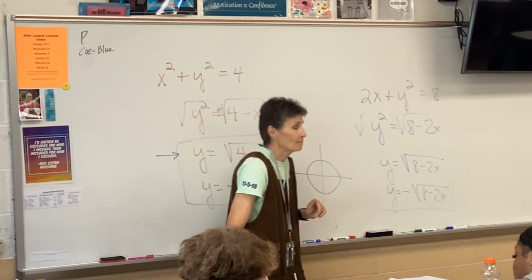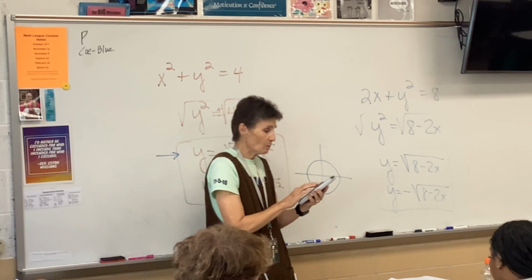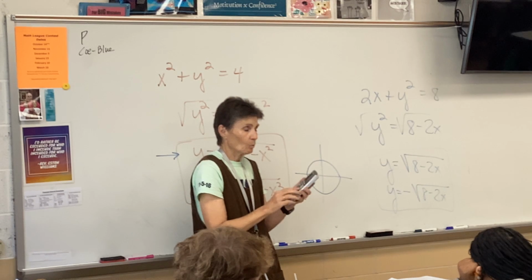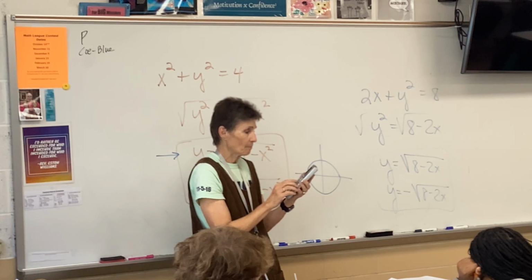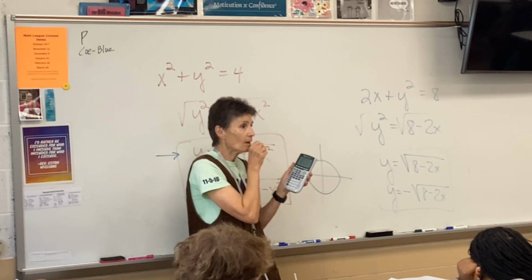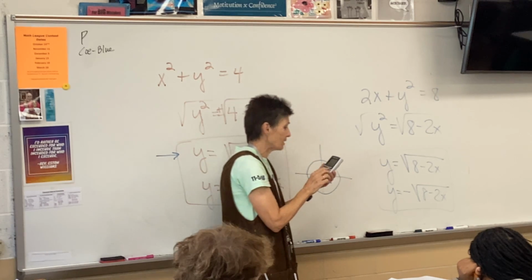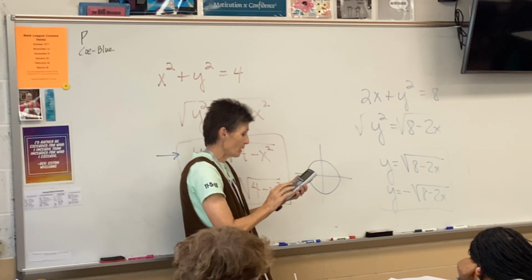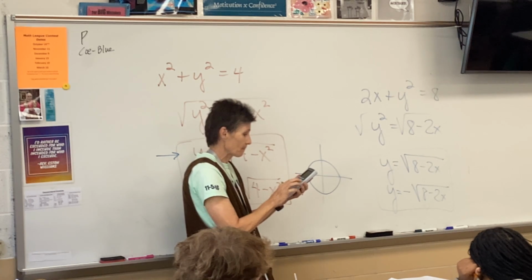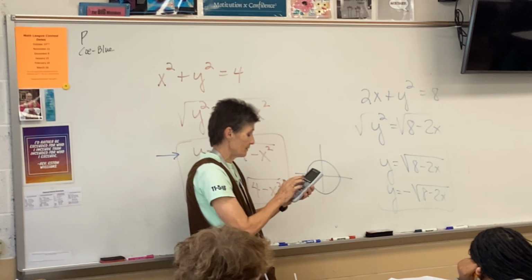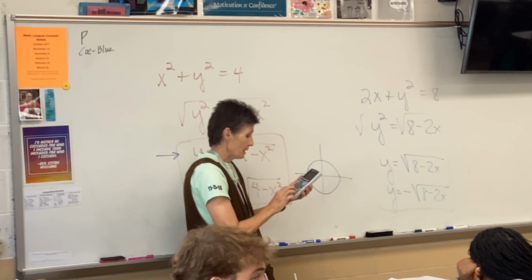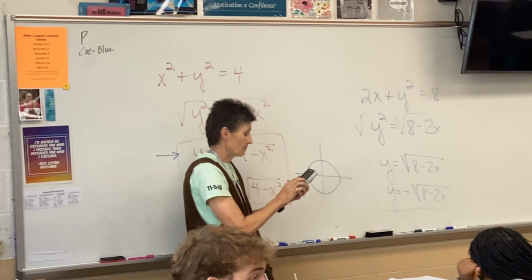That's all there is to it. There they are. Now let's see what shape this is. We'll go back to y equals, clear out what we have in there and put in these new ones. So square root 8 minus 2x, and negative square root 8 minus 2x.